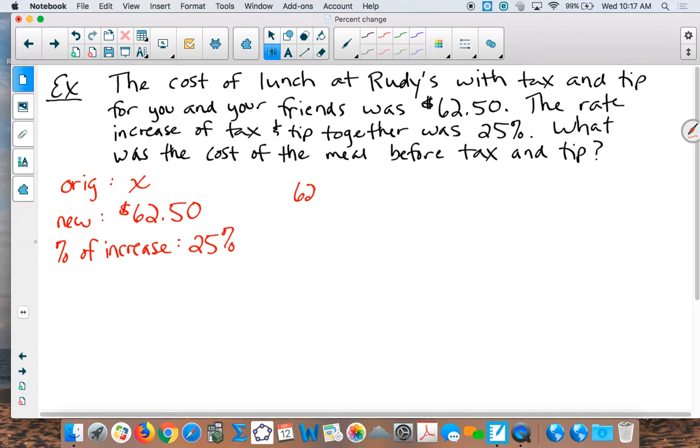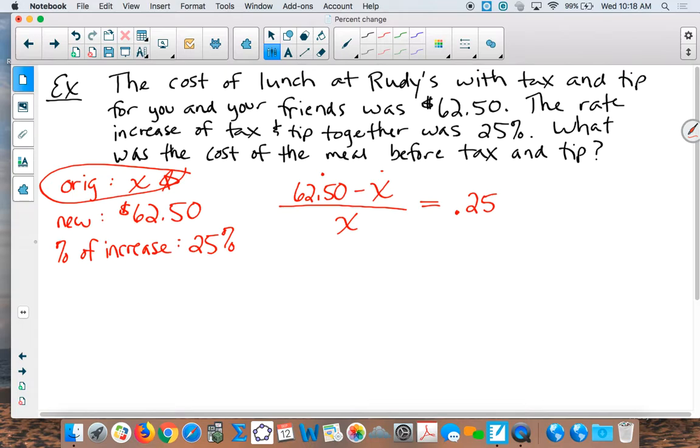So $62.50 minus x over our original value of x equals our percent increase. This time, we know our percent increase. Okay, and again, the reason the $62.50 is first is because we are increasing our bill. Our new value here is larger than our original.